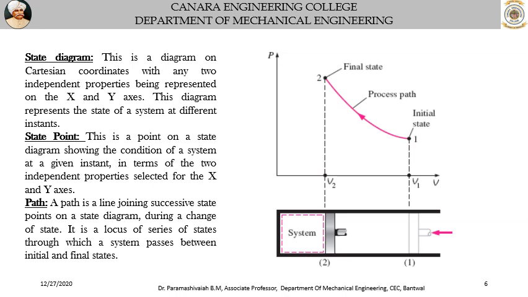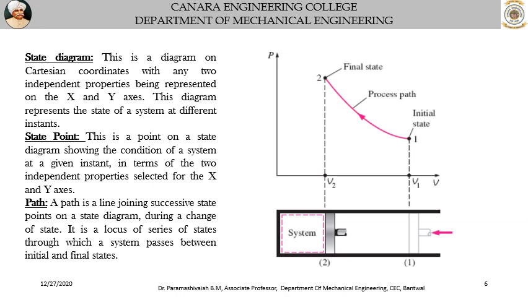Then this is a diagram on Cartesian coordinates with any two independent properties being represented on the x and y axis. Two independent properties. So here pressure is one property, volume is another property. Okay. So then we are plotting on x-axis volume, y-axis pressure. So this diagram represents the state of a system at different instants.